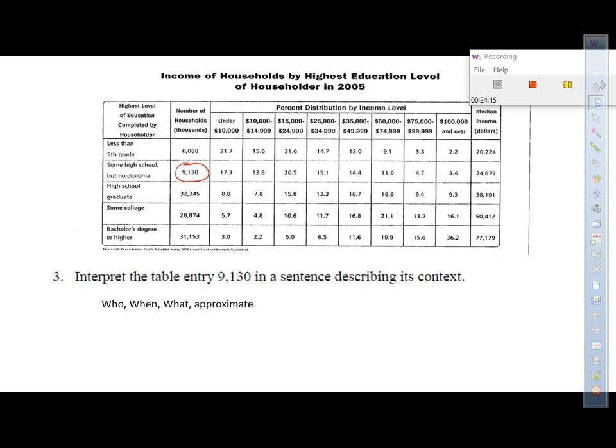Now, when you do that, we need to be specific. You need to look at that number and decide if it's exact or if it's been rounded. In this case, it looks like it's definitely been rounded to the nearest thousands. So the word approximate is going to show up somewhere.